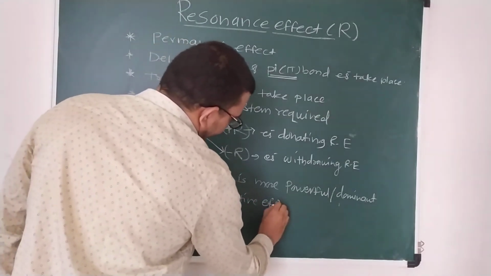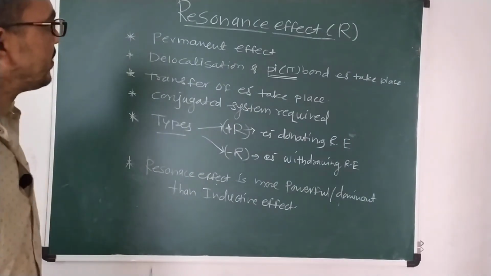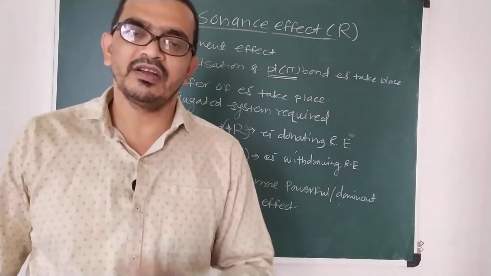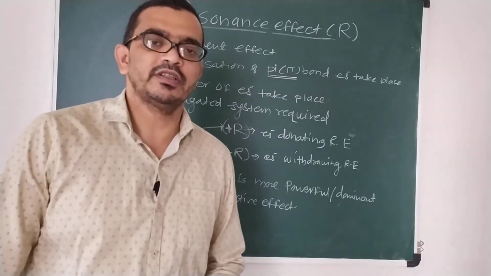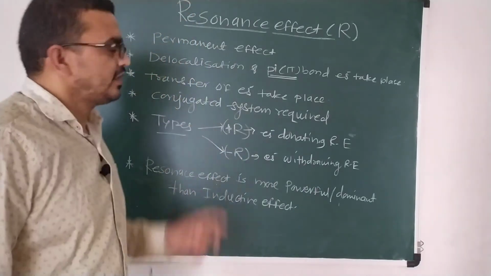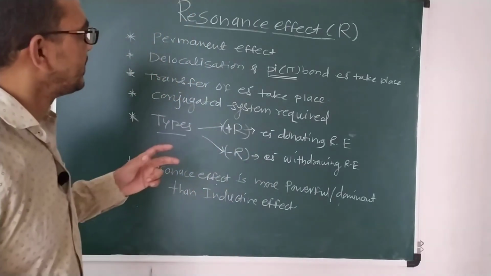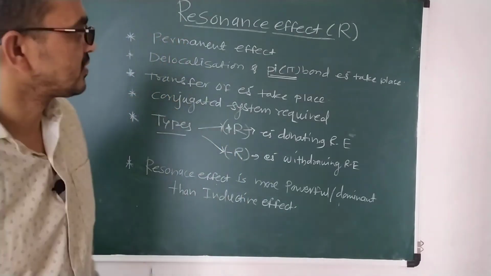So these are the very interesting and important points on the resonance effect. This is the second electronic effect on chemical reactions. We started the basic concept of chemical reactions, and in that, how the resonance effect takes place is what we are going to discuss in today's lecture.